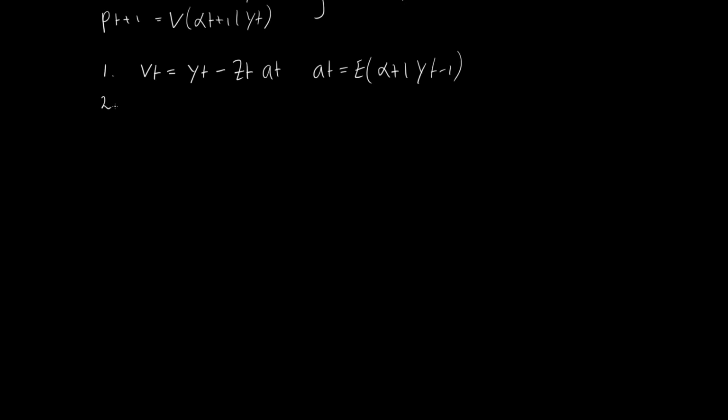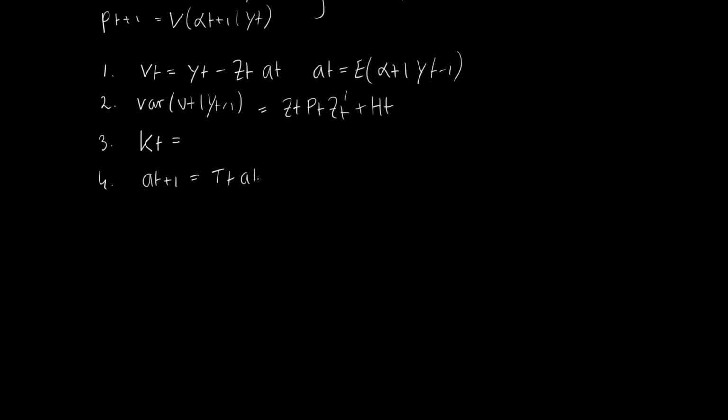The second equation is the variance of v_t given y_{t-1}, which is F_t = Z_t P_t Z_t' + H_t. Then the third is the Kalman gain, which I'll write down later. And then we finally find a_{t+1}, which is what we really want to calculate, given by T_t a_t plus the Kalman gain times the prediction error.